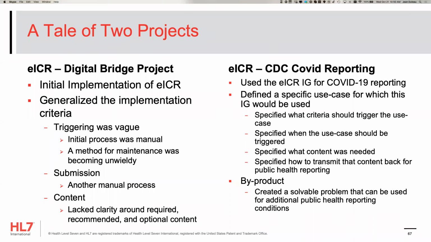So it could have been diagnosis related. It could have been any kind of lab value that they had. So there was a lot of different criteria that could trigger this. But in any case, if one of these triggering criteria occurred in their history, a CDA would be created and it would get sent off to a public health reporting agency.